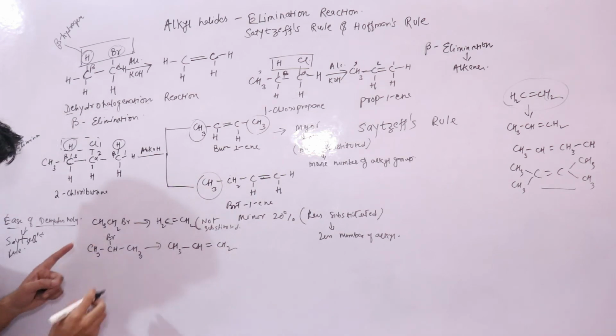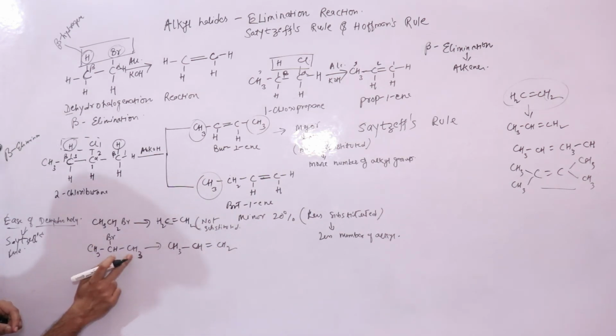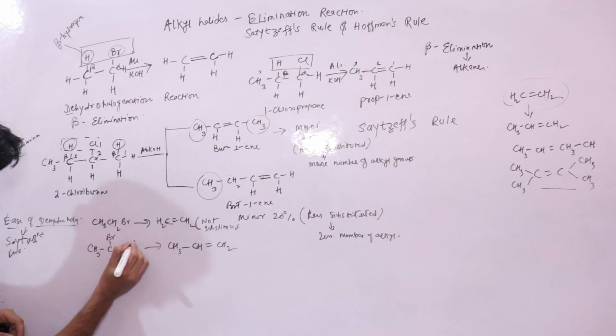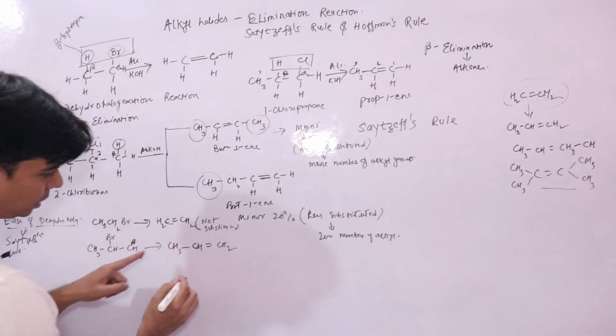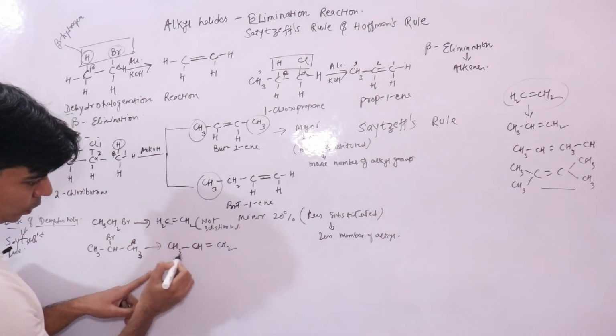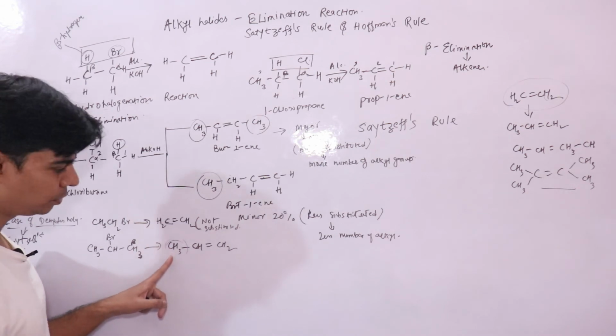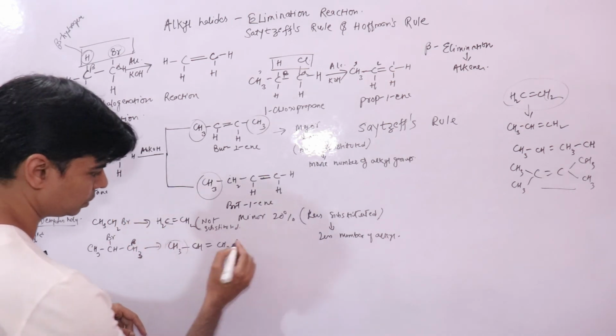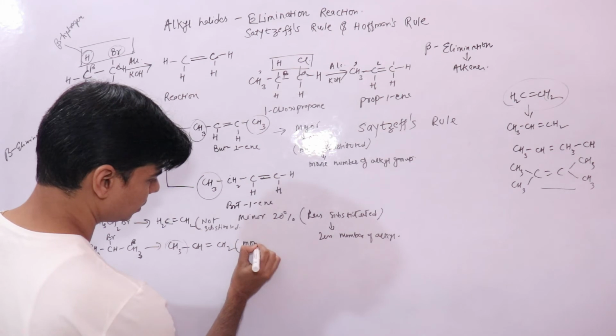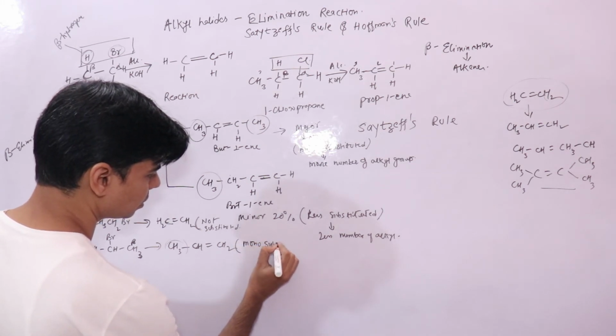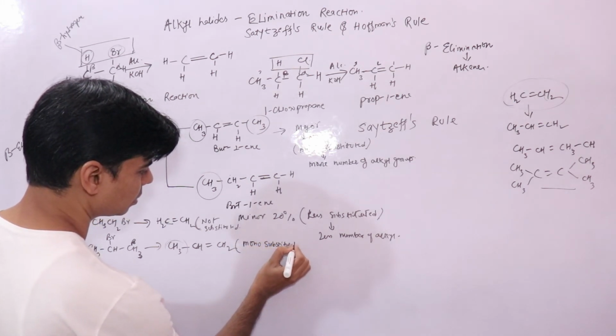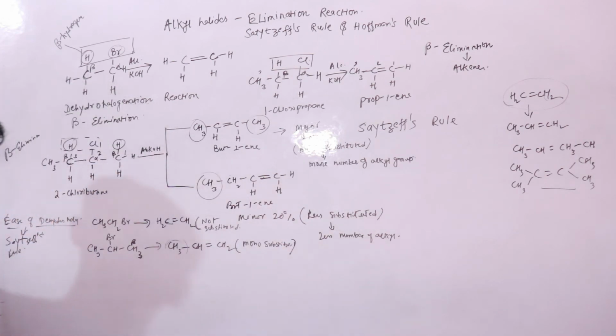This Br would be eliminated and one hydrogen from this beta carbon atom would be eliminated, right? So here you have one methyl group, here you have no methyl group, so this is mono substituted, right? This is your mono-substituted alkene.